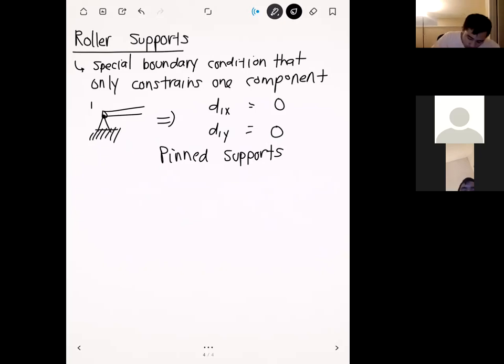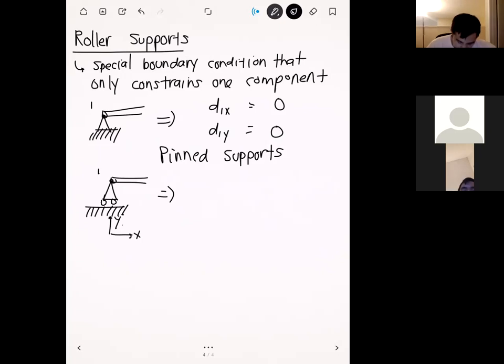And so the other type of supports are rollers. Visually they look like this. They look very similar, except the only difference is now, instead of being anchored into the wall, they're on kind of like roller skates. What this will do is prevent displacement only in the direction perpendicular to that surface. Let's say this is the stationary X direction right here, and this is stationary Y, and we'll say this is node 1.